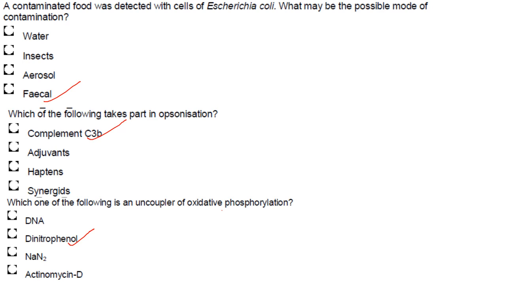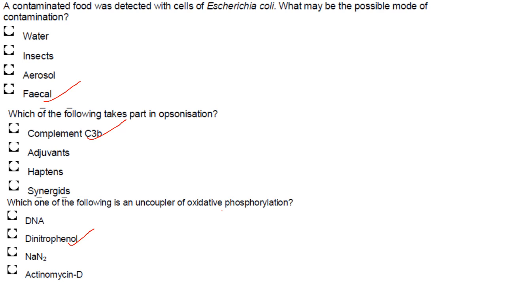Then, which of the following is an uncoupler of oxidative phosphorylation? Uncouplers of oxidative phosphorylation in mitochondria inhibit coupling between the electron transport and phosphorylation reaction and thus inhibit ATP synthesis without affecting the respiratory chain and ATP synthase.